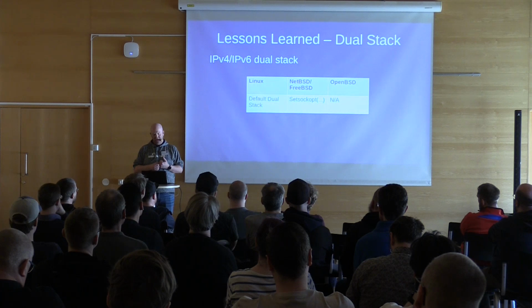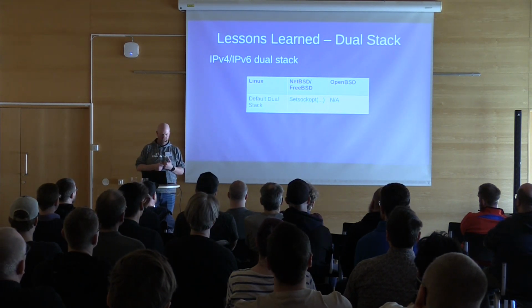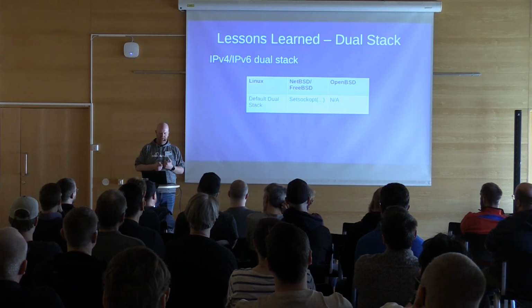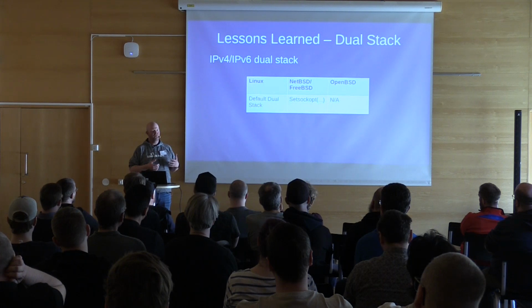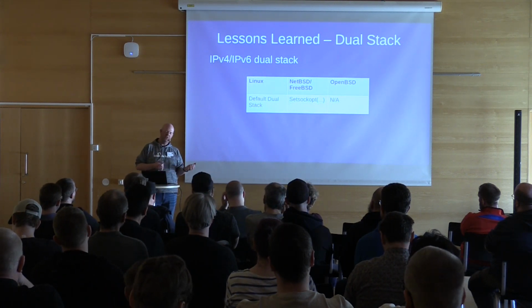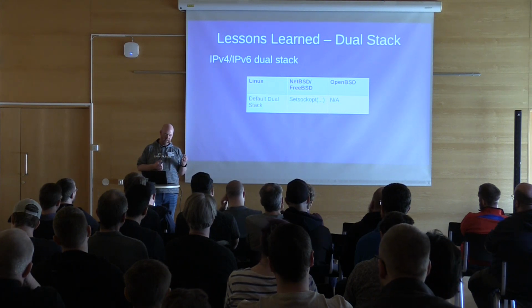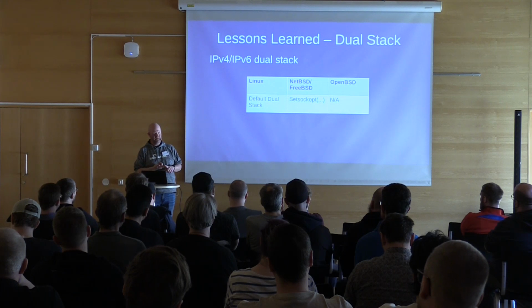There is also something called IPv4 and IPv6 dual stack in the kernel. So basically, if you listen to an IPv4 socket, you will get IPv4 packets, standard stuff. But in Linux, if you listen to an IPv6 socket, you'll get both IPv4 and IPv6.